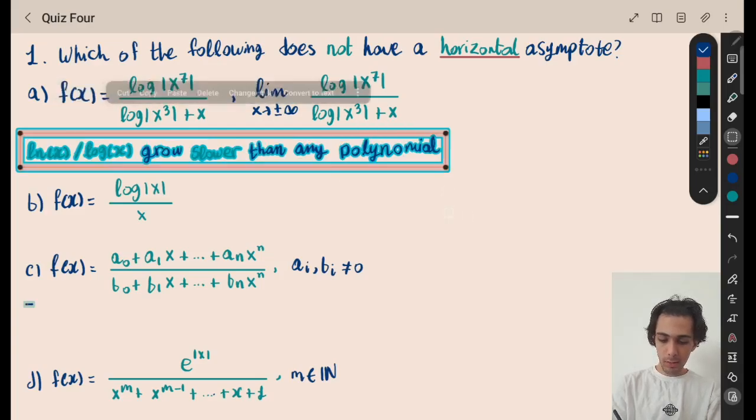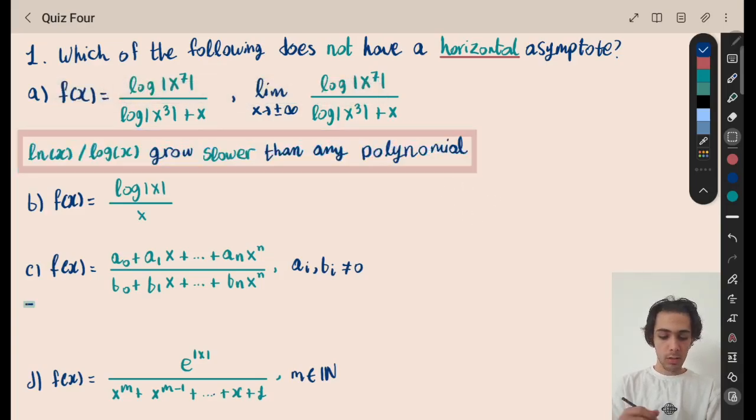And that is, the logarithmic functions grow slower than any polynomial. And if I want to make use of this fact, this is a logarithm and this is a polynomial. So this grows faster.